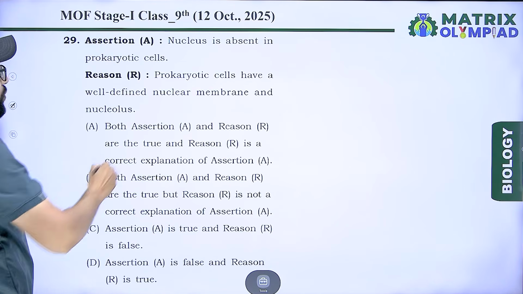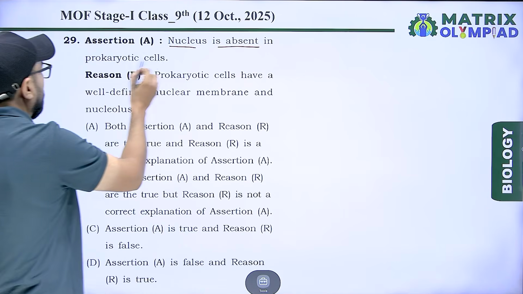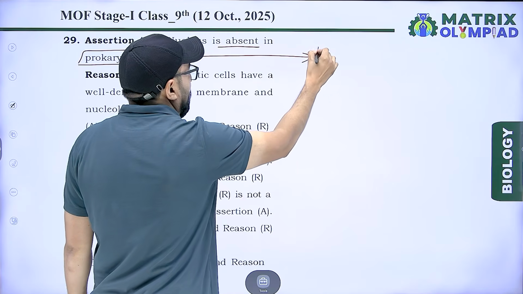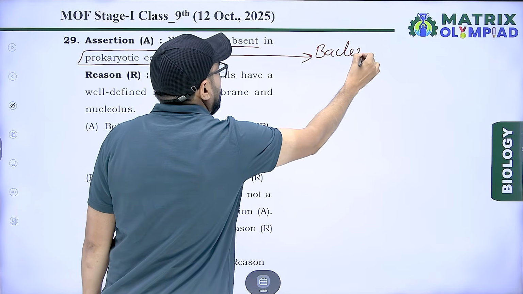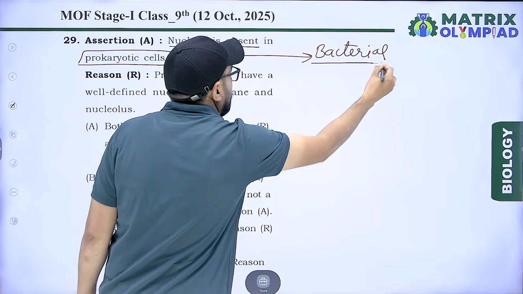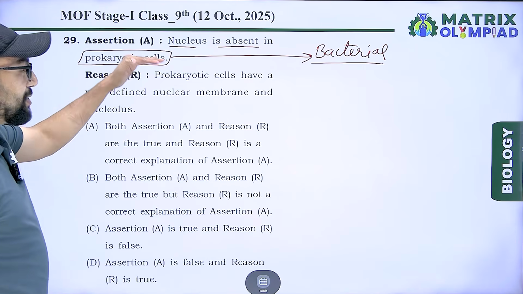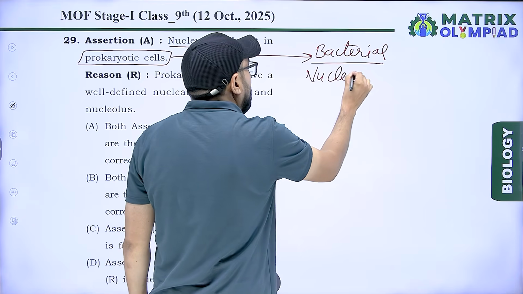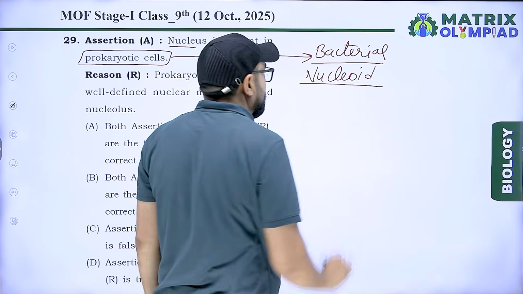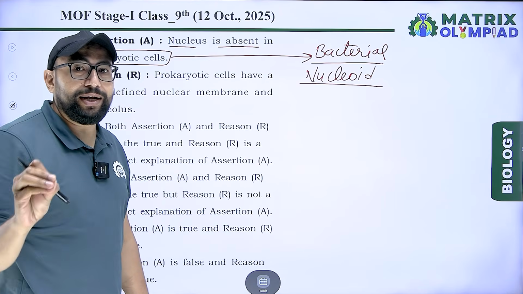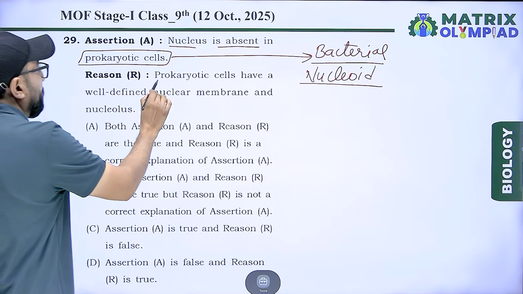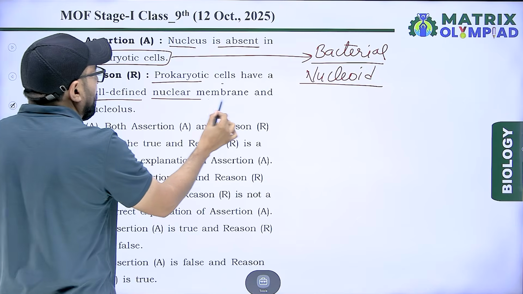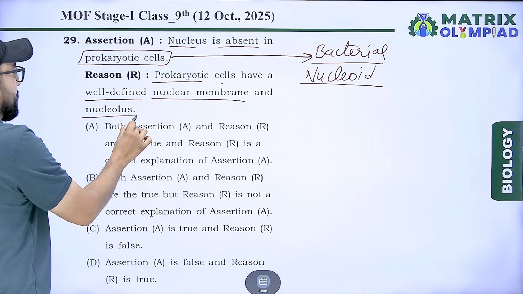Assertion A, reason R. Nucleus is absent in prokaryotic cell. Prokaryotic means bacterial cell. In a bacterial cell, the nucleus is absent and a structure called the nucleoid is present, a dark stained structure that contains genetic material. The reason says prokaryotic cells have a well-defined nuclear membrane and nucleolus.